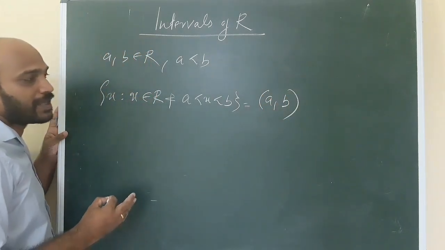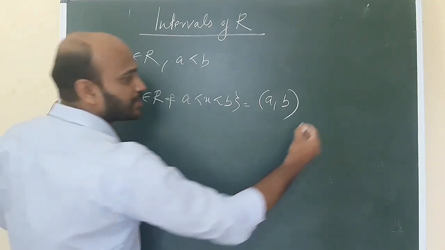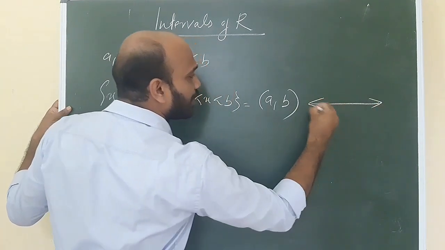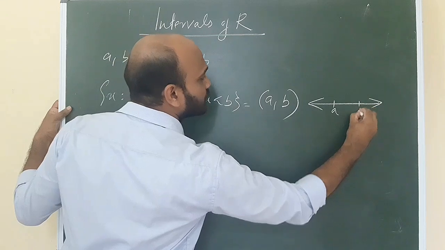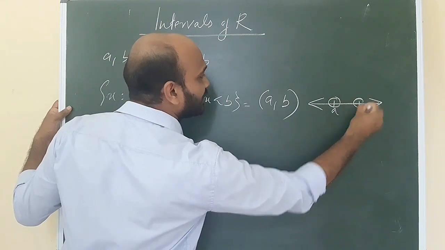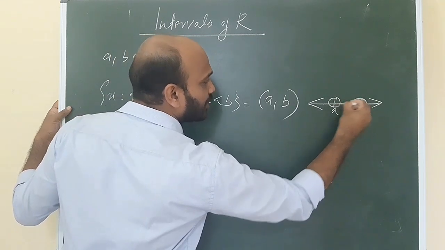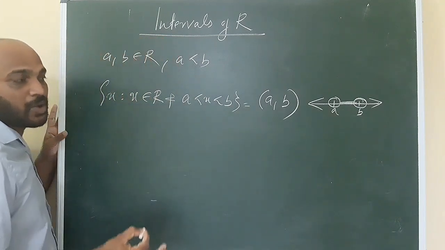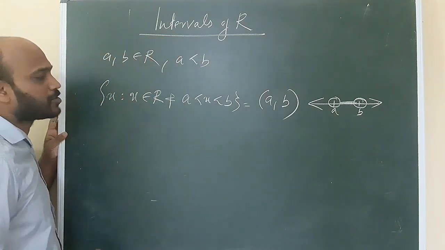On a number line we can represent an open interval in this way. Suppose this is a number line. This point is A, this one is B. You have to mark two small circles and join the two small circles.